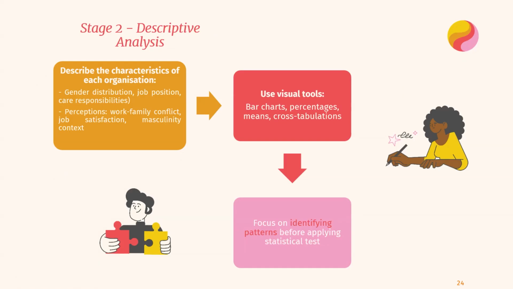We can use visual tools like bar charts, percentages, means, and cross tabulations, and we are focused on identifying patterns before applying statistical tests. So this is only a descriptive analysis, and we generate a profile for each organization.